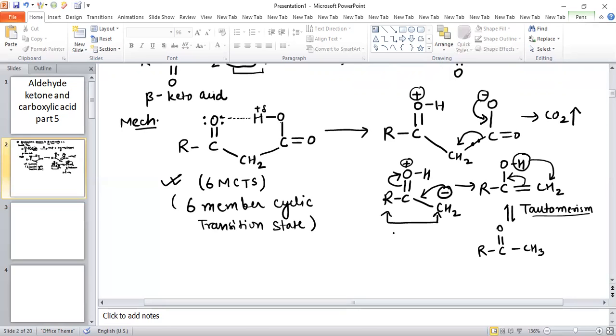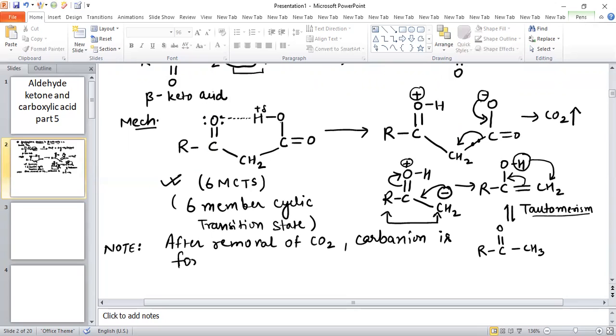So you can note this point: after removal of CO2, a carbanion is formed in this case.